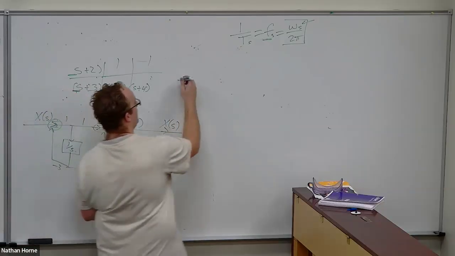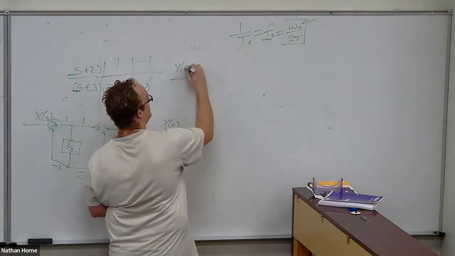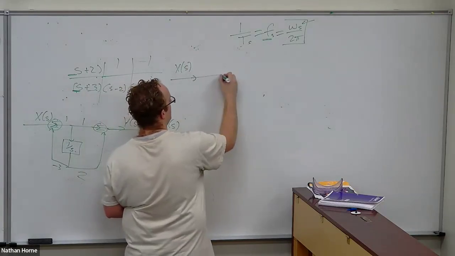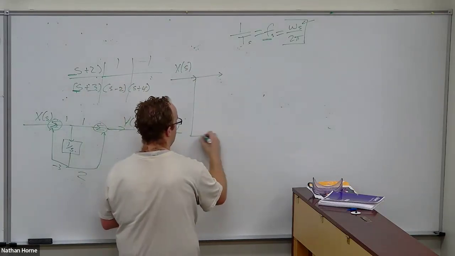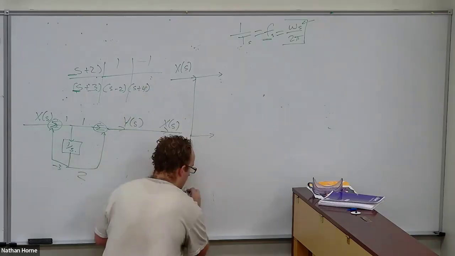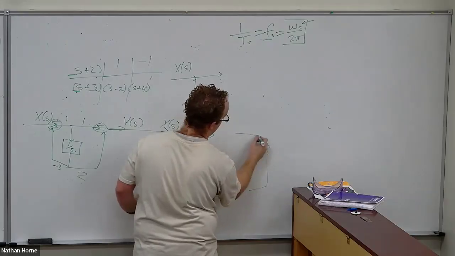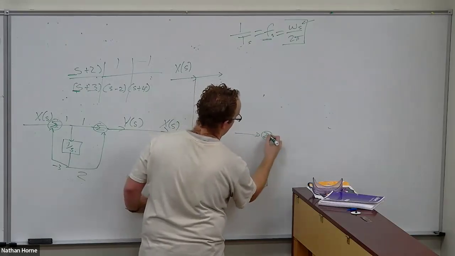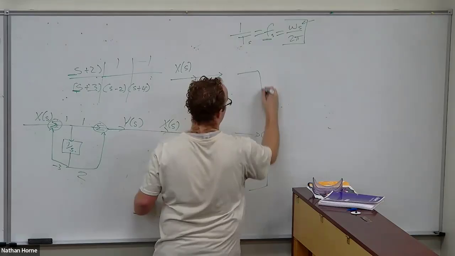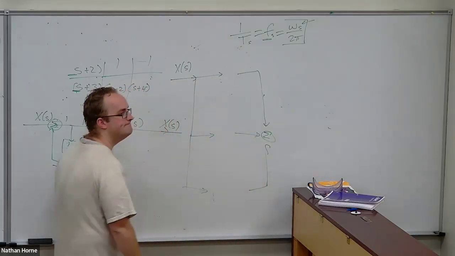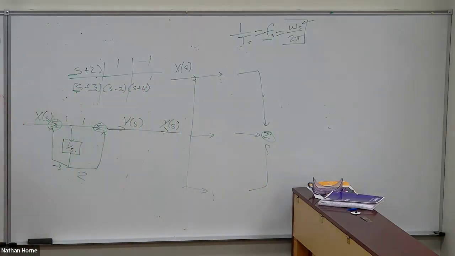So x of s is coming in, and it would go into this function, and this function, and this function, and then they'd all come out and be added after everything. And then that literally just looks like two transfer functions being added together. Exactly. 100%.